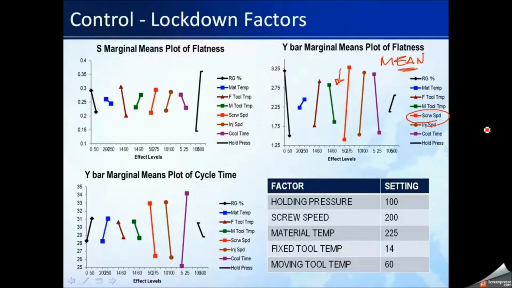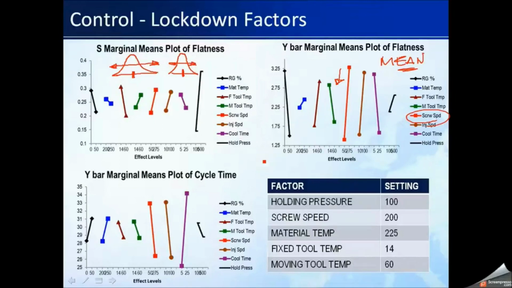But it also tells us about the standard deviation. So do variables affect the spread? So the mean, the middle here, wouldn't be moving, but the distribution of the results, the variability, is being reduced or increased.